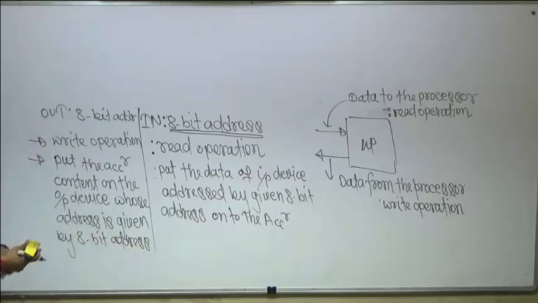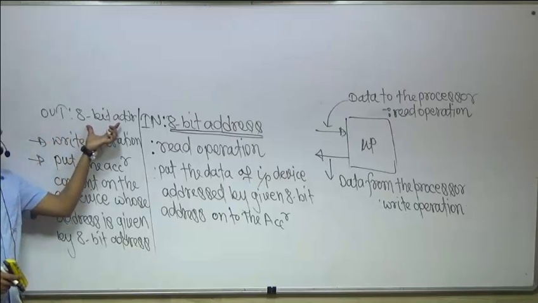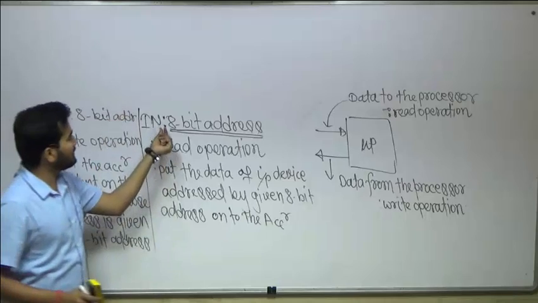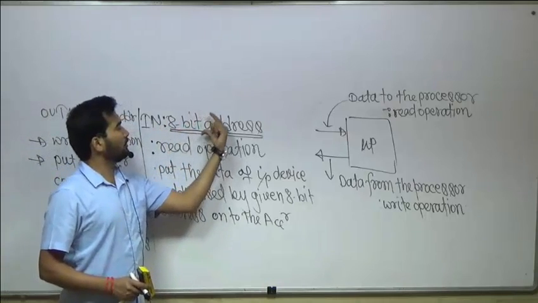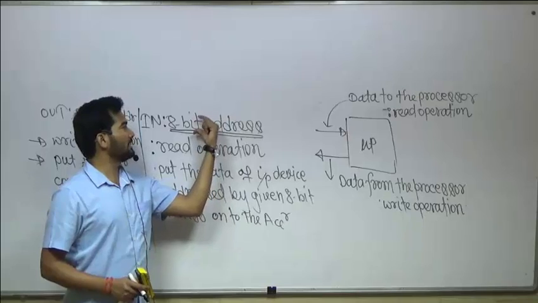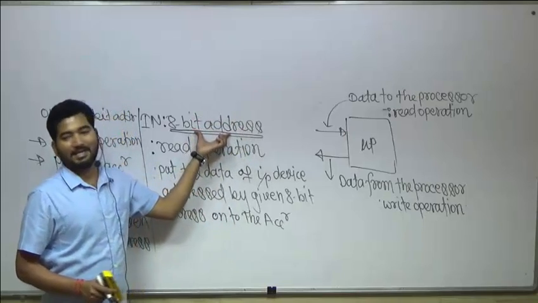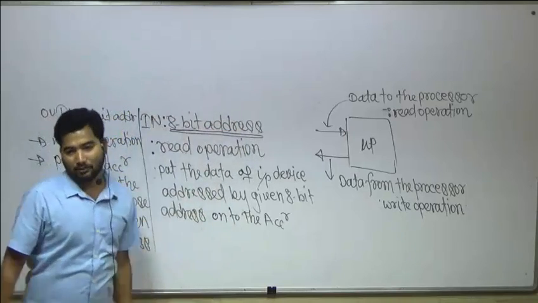That means here the accumulator content is placed directly on the output device addressed by this address, and there the data of the input device addressed by this 8-bit address is placed on the accumulator.